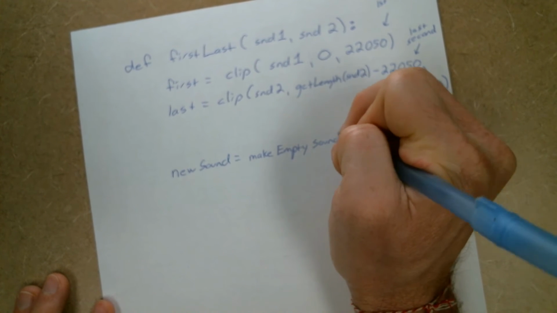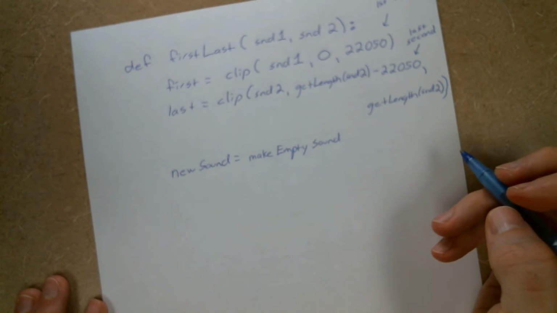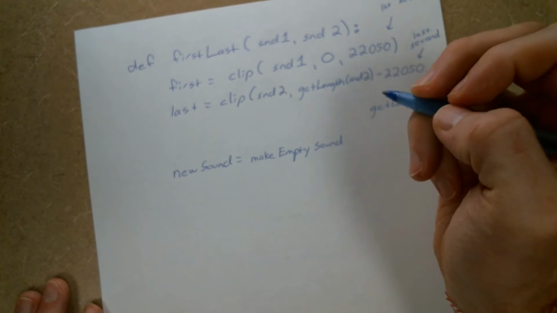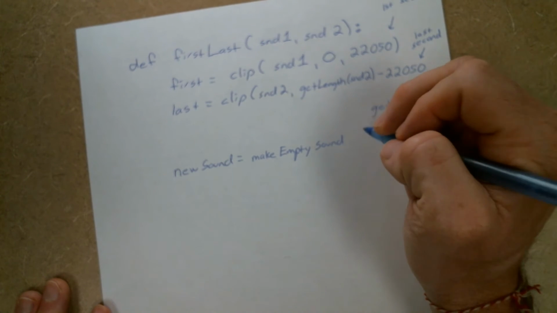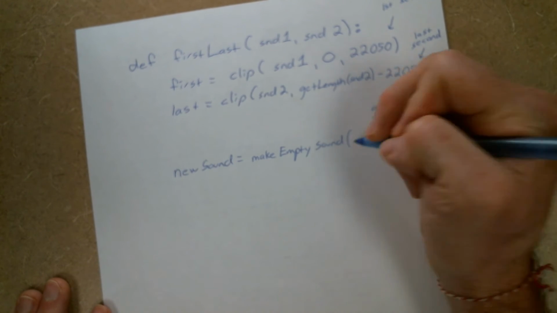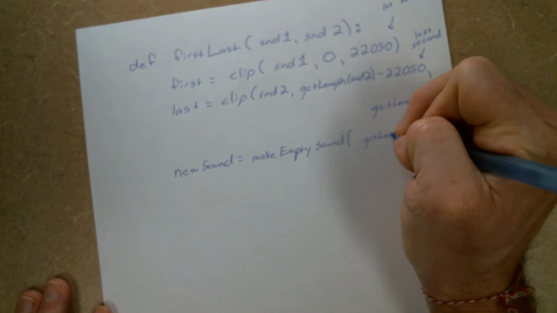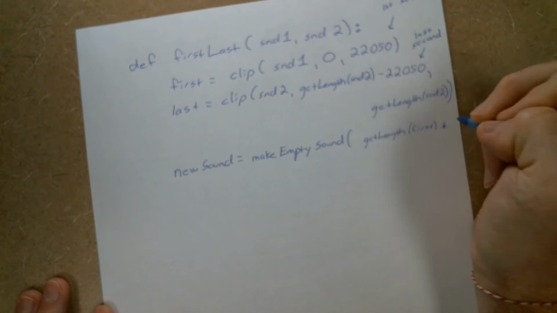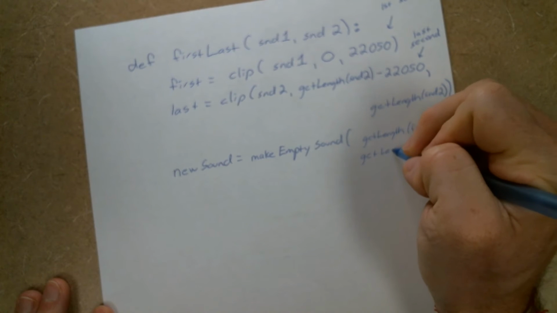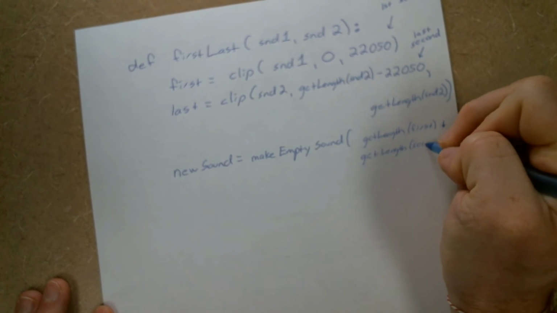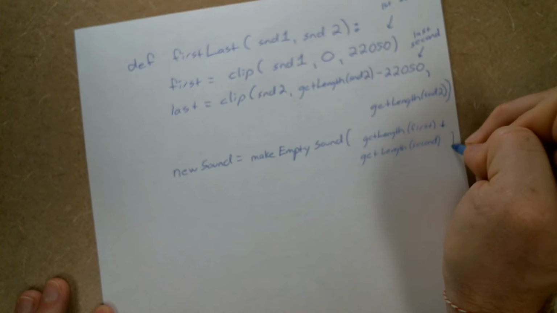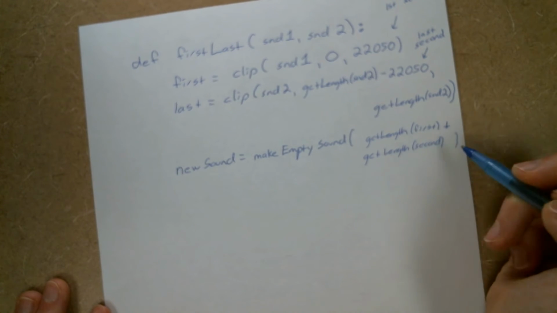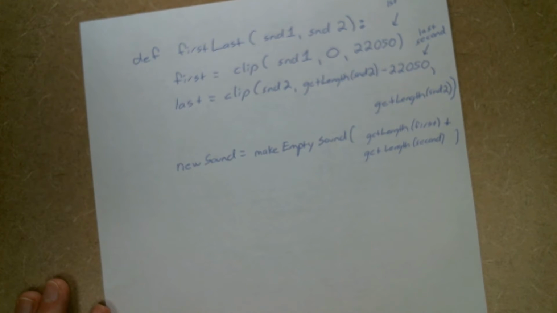We could just say make empty sound of 44,100 because we're taking a second from each, but I'll do it the traditional way using get lengths: get length of first plus get length of second. So now I have an empty sound.